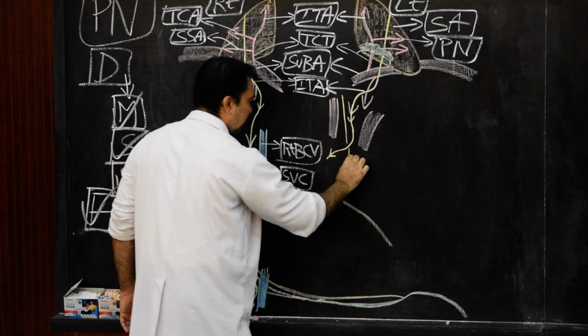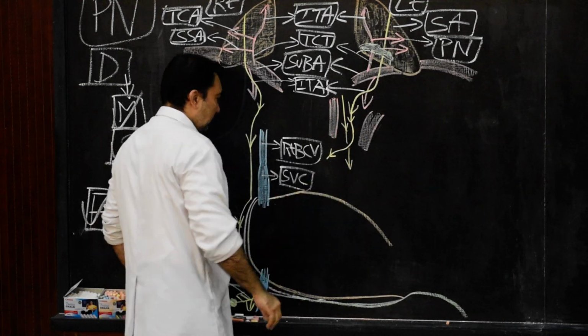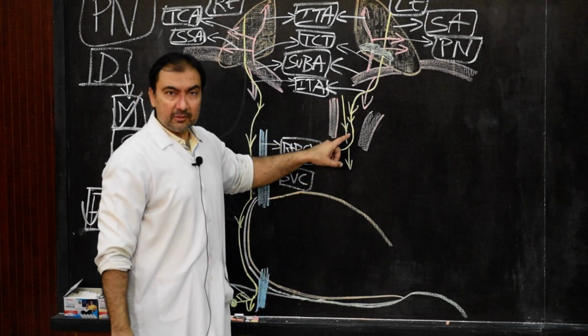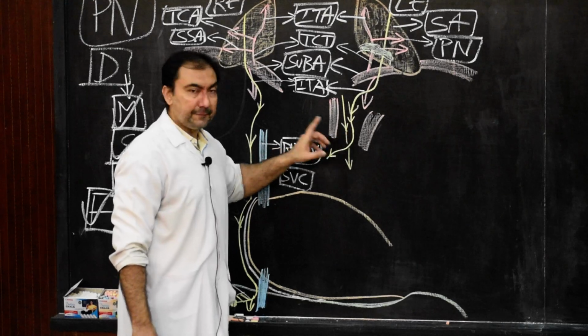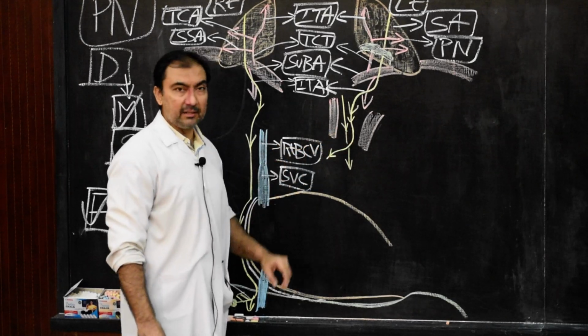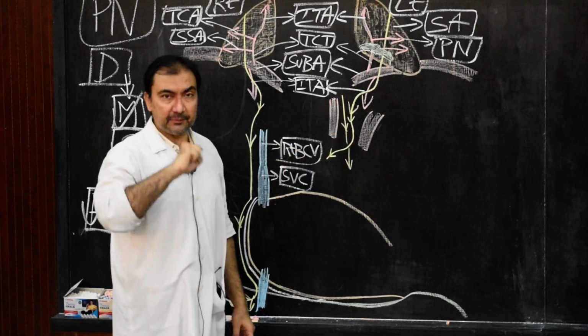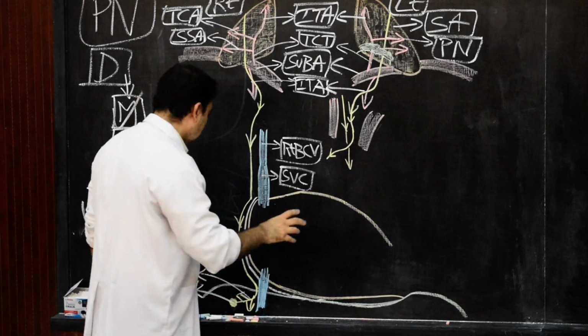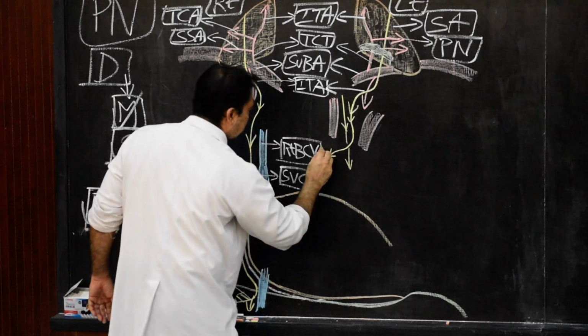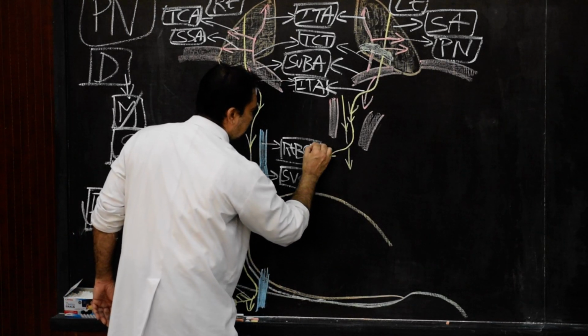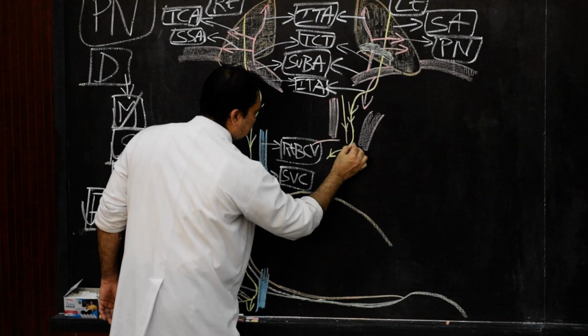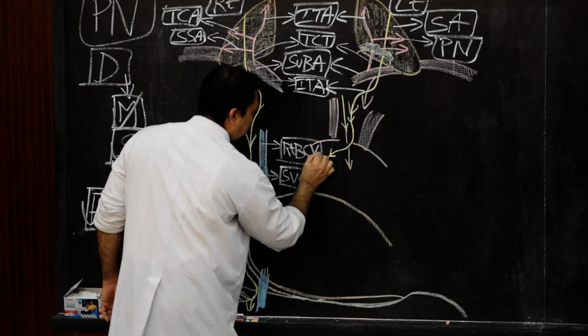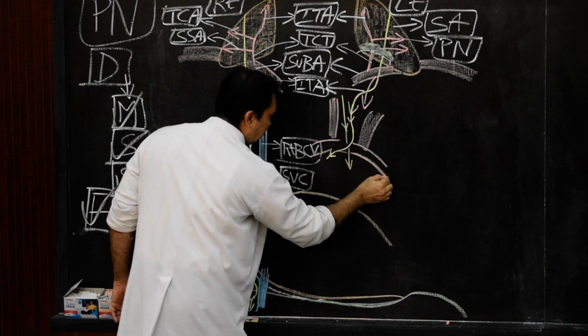So the left phrenic nerve will cross the left vagus nerve from the front side, from lateral to medial, and this is very important, in front of the arch of aorta. So just above or in front of the arch of aorta, here we are showing the arch of aorta.